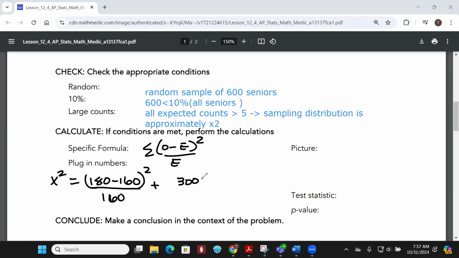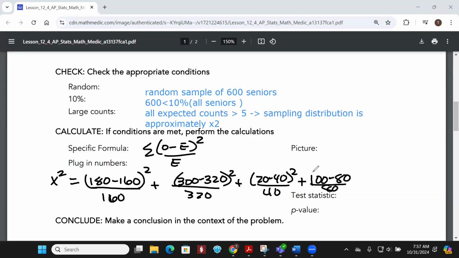And then (300 minus 320) squared divided by 320, and (20 minus 40) squared divided by 40, plus (100 minus 80) squared divided by 80. So all we did was take our expected and our observed, subtract them, square, and divide. Then we simplify each fraction. That gives me 2.5 plus 1.25 plus 10 plus 5, which equals 18.75.